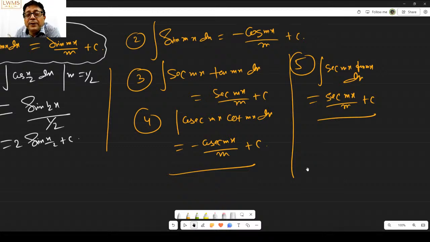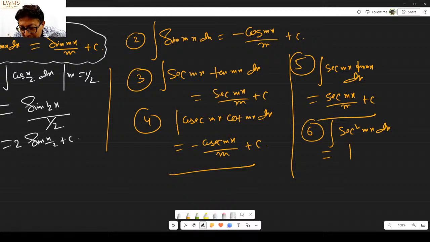Let me modify a few more. Say sec square mx. You could have written tan x. But if sec square mx is there, it will be tan mx by m plus c.